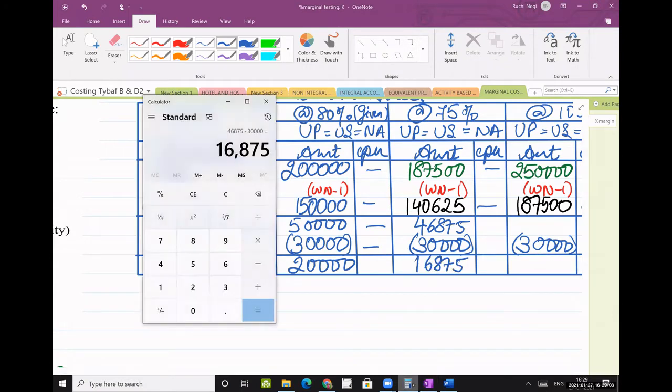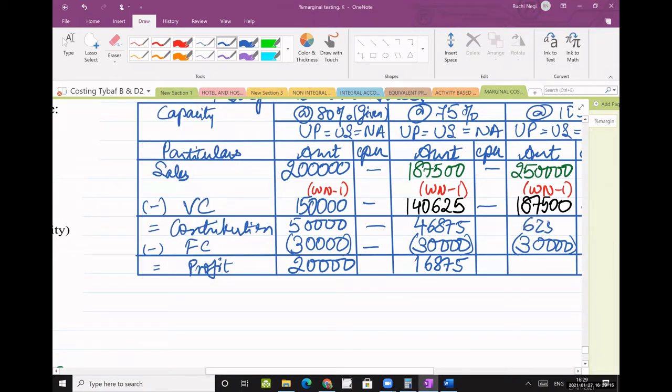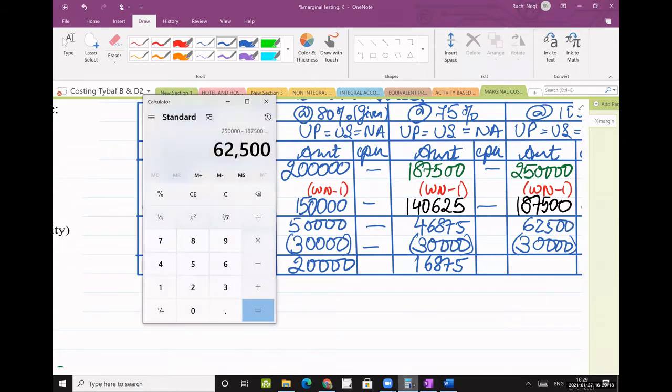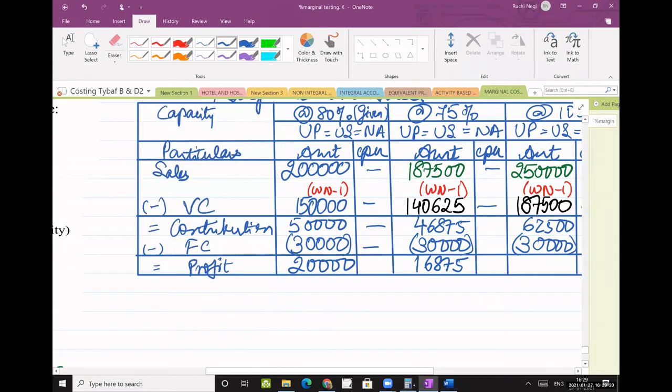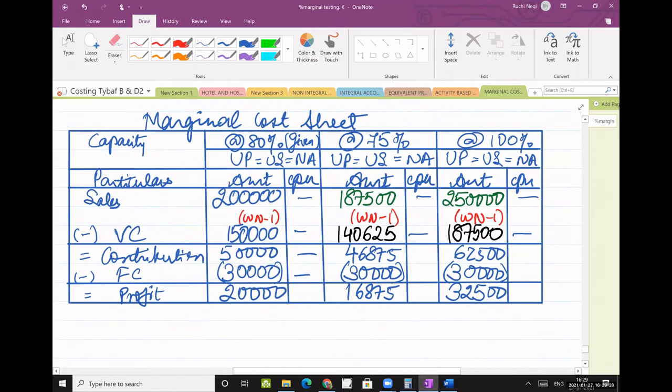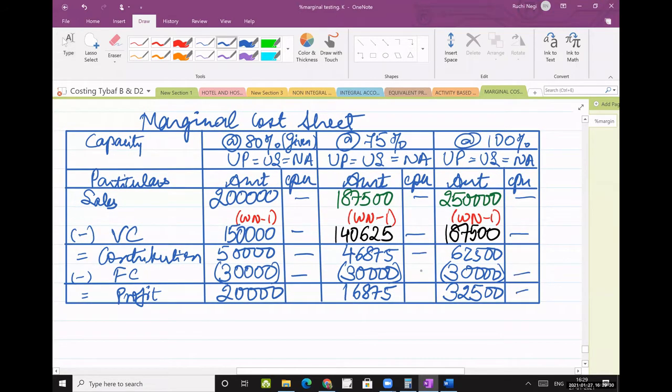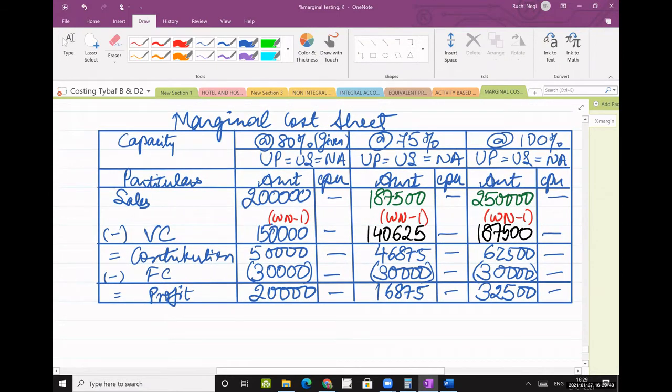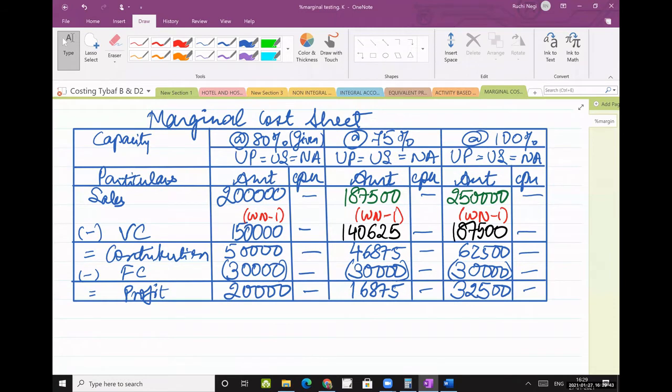Next, 2,50,000 minus 1,87,500 is 62,500, and minus 30,000 is 32,500. So this completes my marginal cost sheet. So it's done. Fine. Did you understand? Is it clear to everyone?